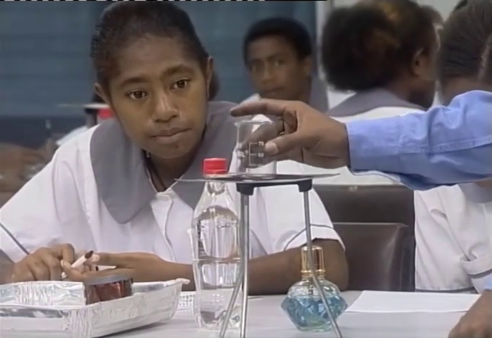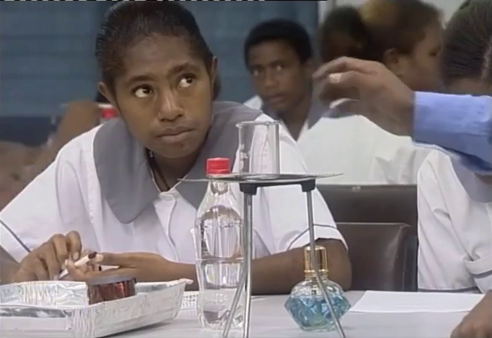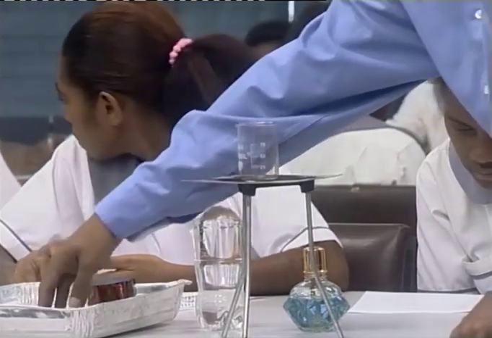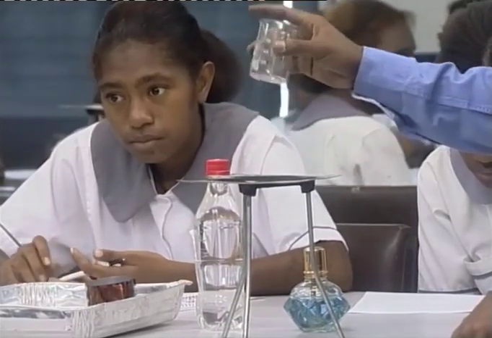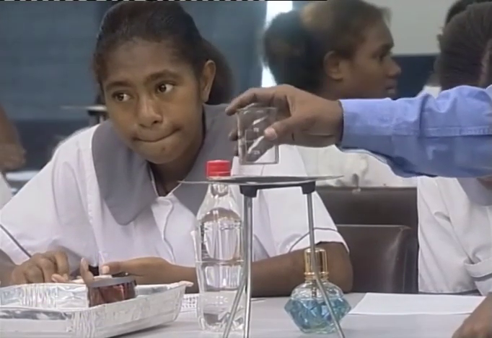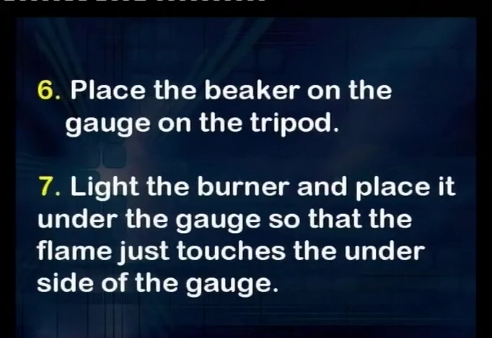After you put the water in the beaker, you get the reading of the temperature of the water which has not been heated, the cold water. And then you light the burner and place it under the gauze so that the flame just touches the underside of the gauze.